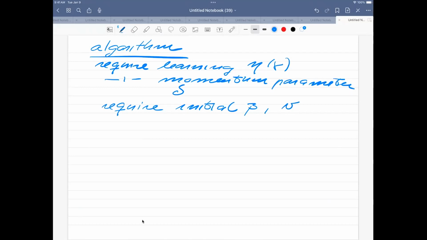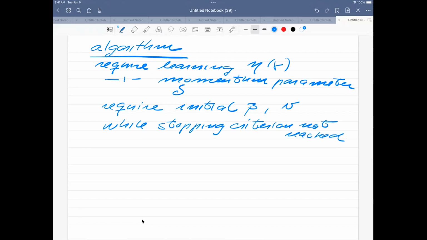So the algorithm itself is: while stopping criterion not reached. So this is the while loop we're setting up. And the first thing is to compute the gradient, g, for a given iteration. And I'm skipping this i for the iteration number, because that's implicit here now.